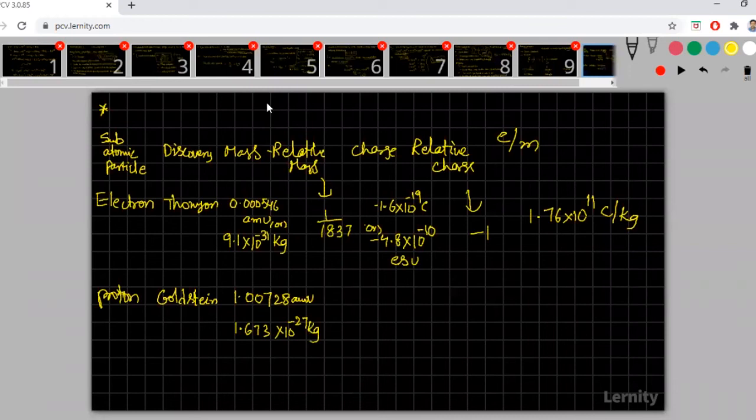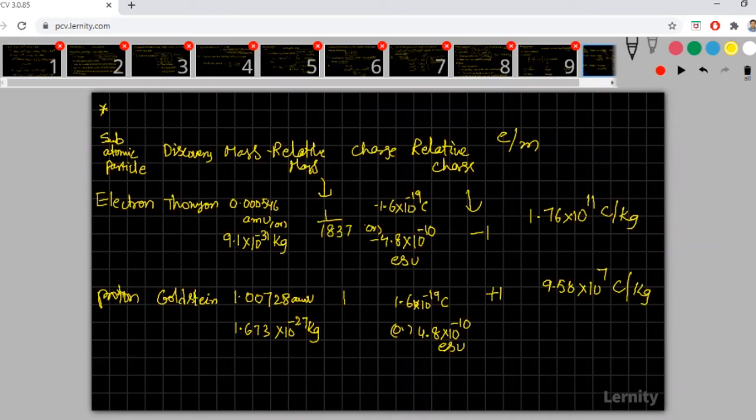Relative mass 1. Charge is 1.6 × 10^-19 coulombs, here without the minus sign, or in ESU the same value, 4.8 × 10^-10 ESU. Relative charge is +1. The e/m value is 9.58 × 10^7 coulomb/kg.